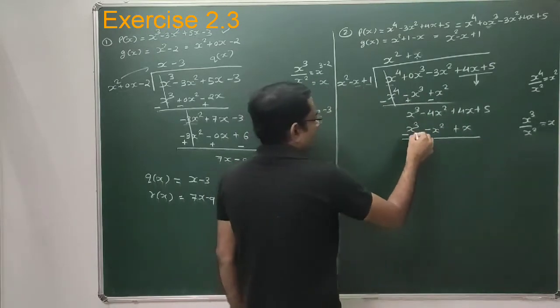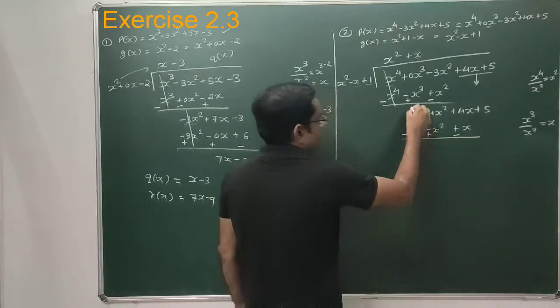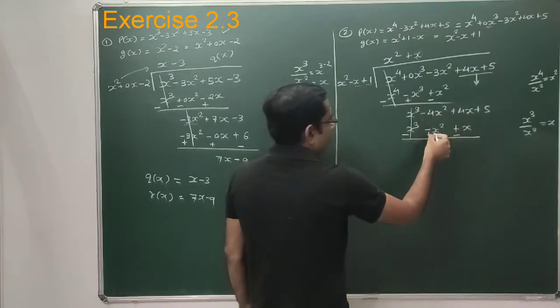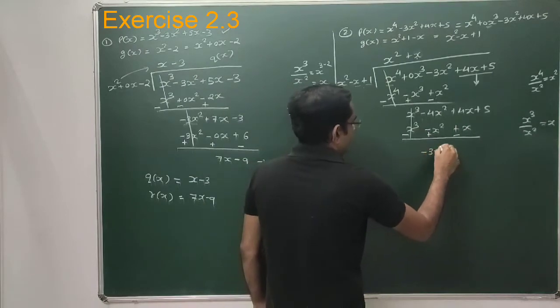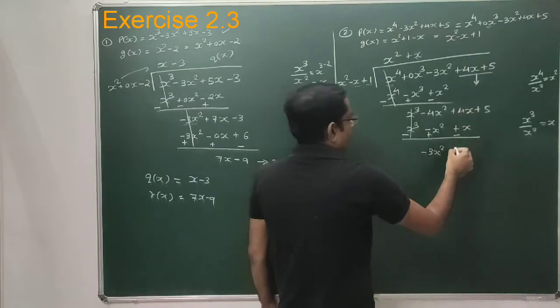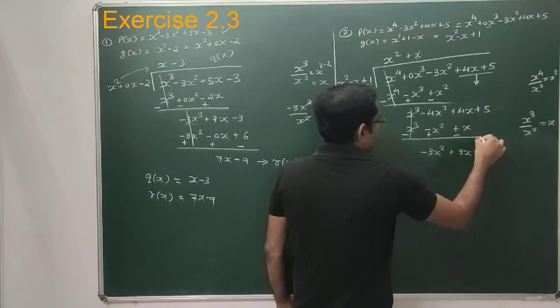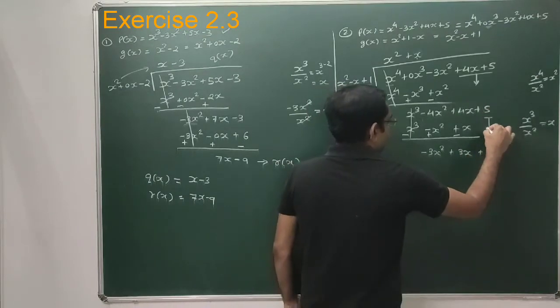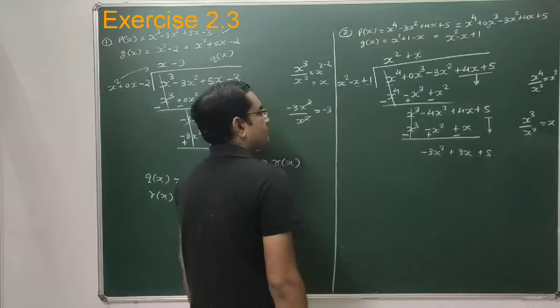Now change the sign: minus, plus, minus. So this will be cut, minus 4x square plus x square is minus 3x square. 4x minus x is 3x, and plus 5. Take the remaining terms down.